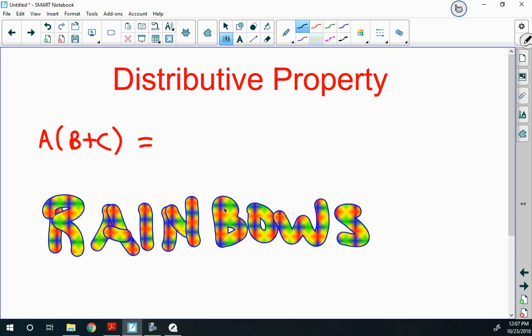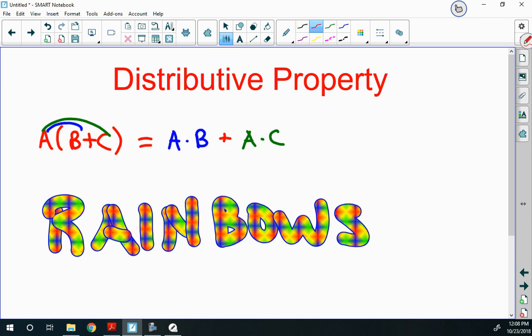So the blue rainbow is going to be A times B, and the green rainbow is going to be A times C. And of course, there's a plus sign in the middle.